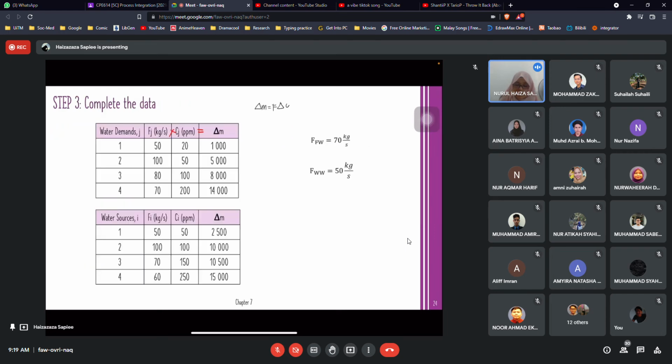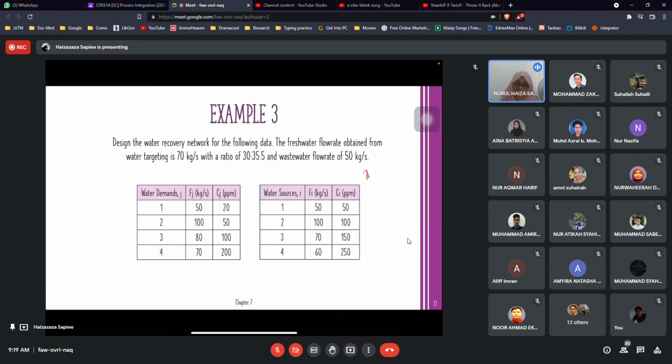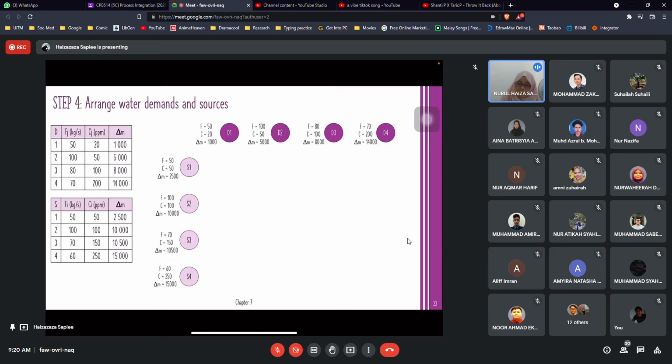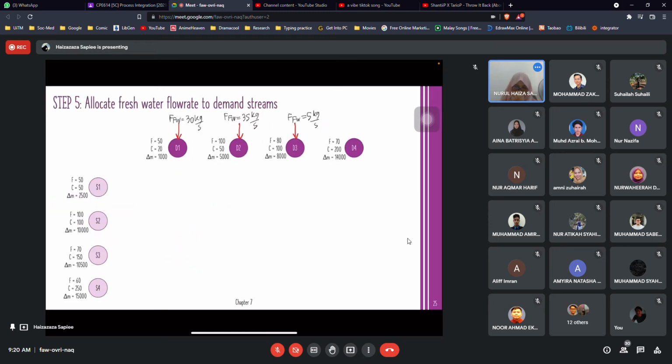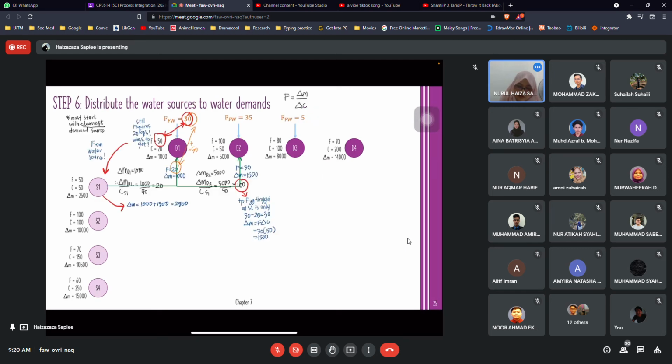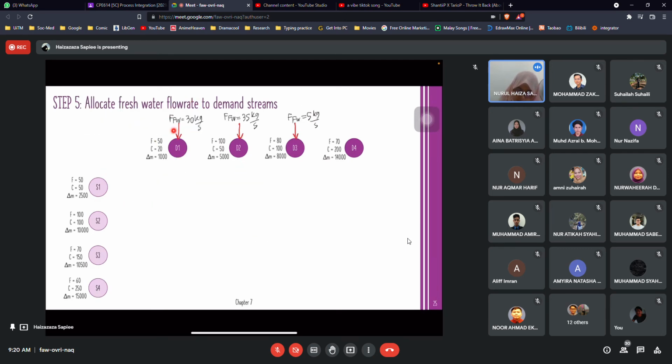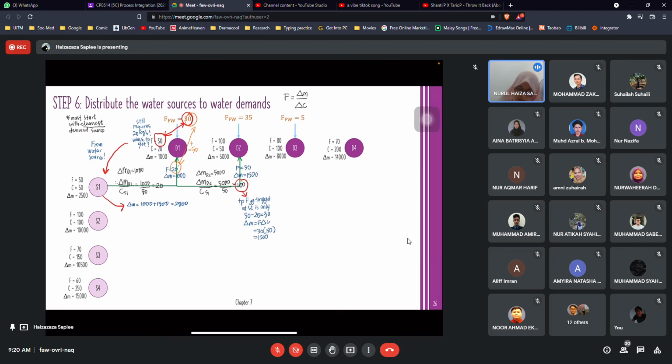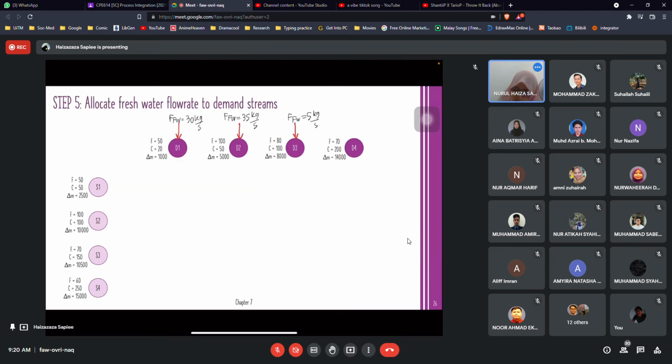It says here 70 kilogram per second of your water, with a ratio of 30, 35 and 5. It means 30 to the first one, 35 to the second one and 5 to the third one. So that's why here we get 30 kg per second, 35 kg per second and the last one is 5 kg per second.